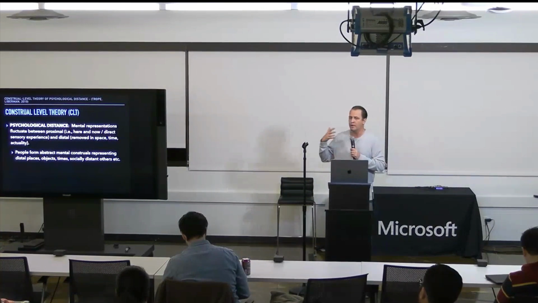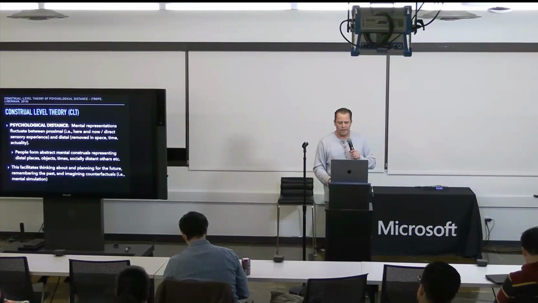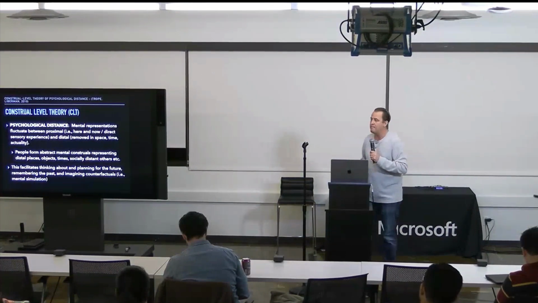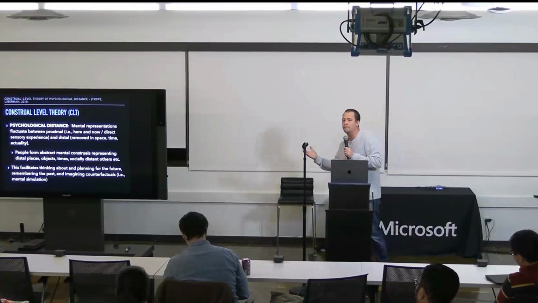So you can do a lot of planning and forethought by simulating these more abstract futures. It helps facilitate thinking about the future, remembering the past, imagining counterfactuals like what could have happened, etc.